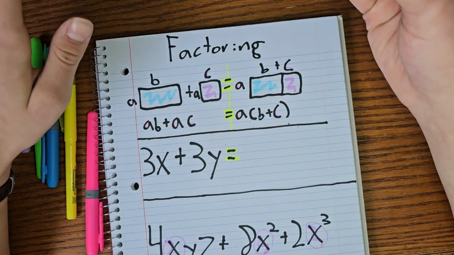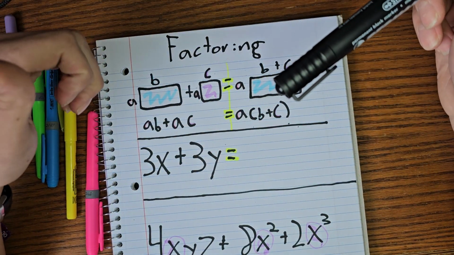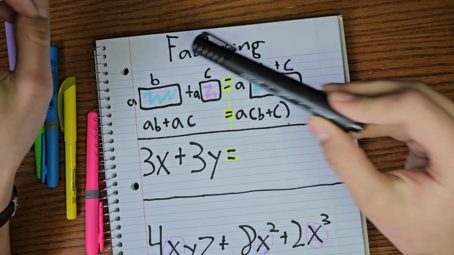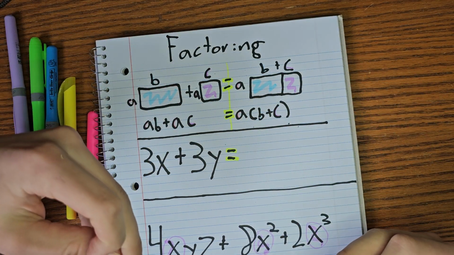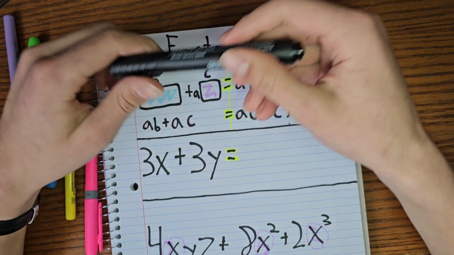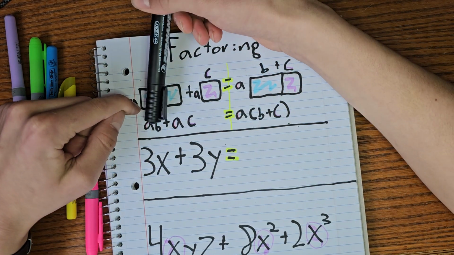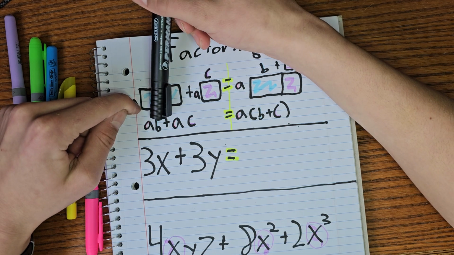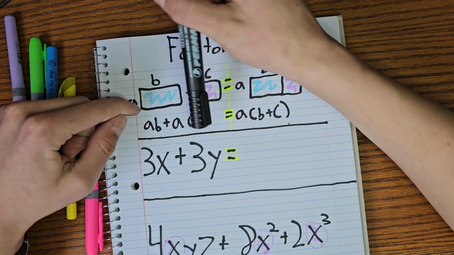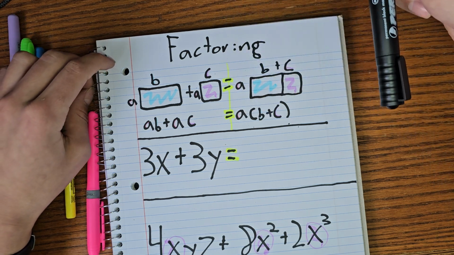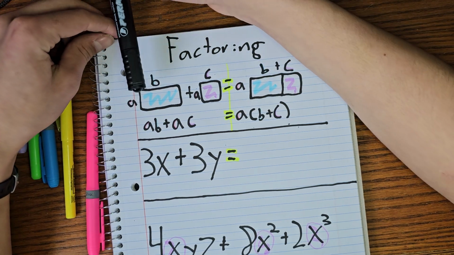So what I've done here is just created squares with each of the letters to help you remember it, to help you recall it. What we are learning here is that A times B plus A times C equals A times (B plus C). So how does this look here?